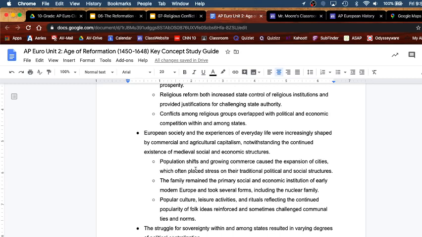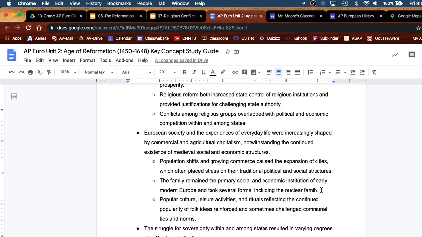So population shifts and growing commerce cause the expansion of cities, which often places stress on their traditional political and social structures. The family remained the primary social and economic institution of early modern Europe, and took several forms, including the nuclear family. It's interesting when we say the word family, people have different perspectives and points of view.